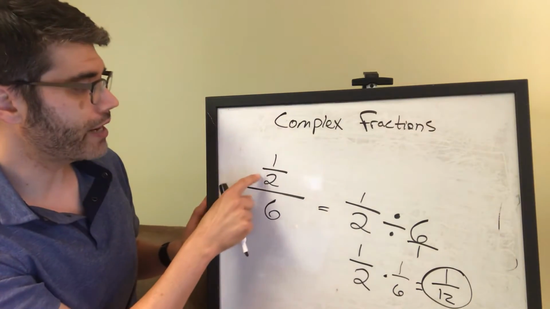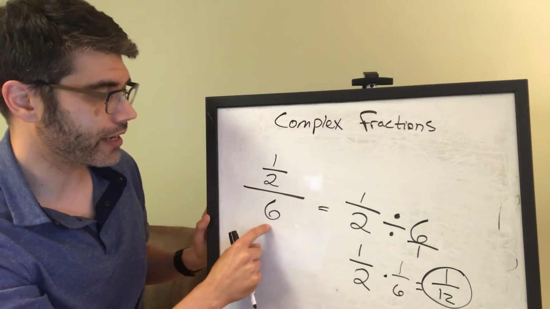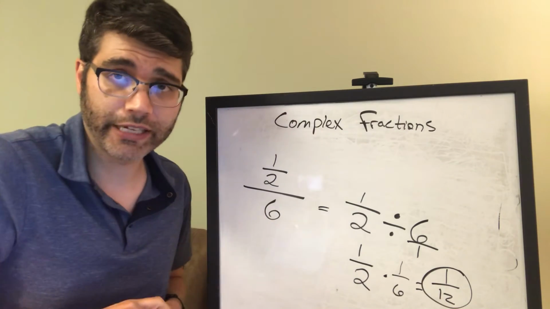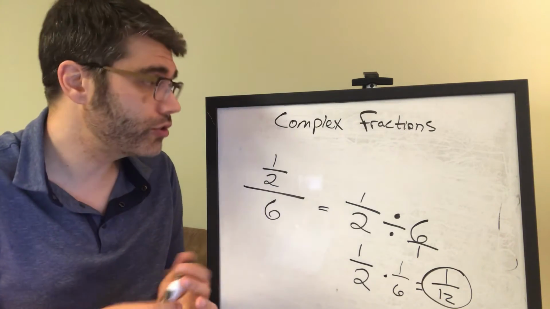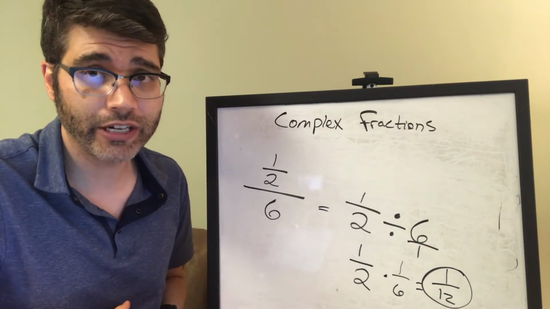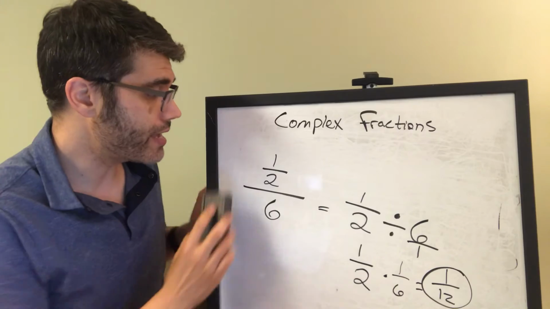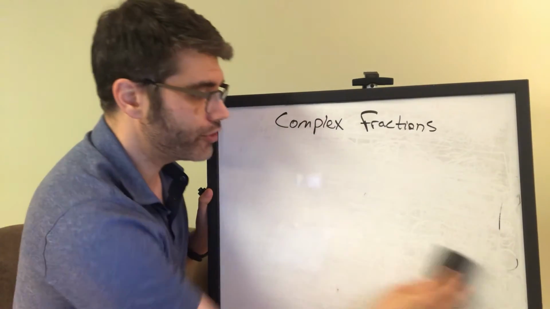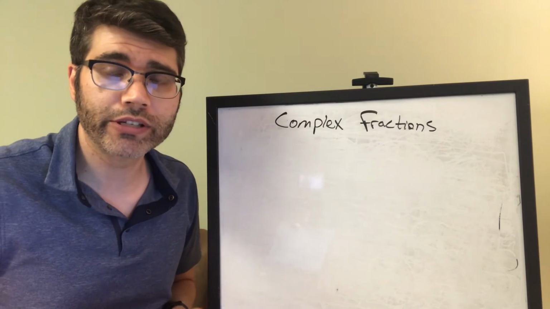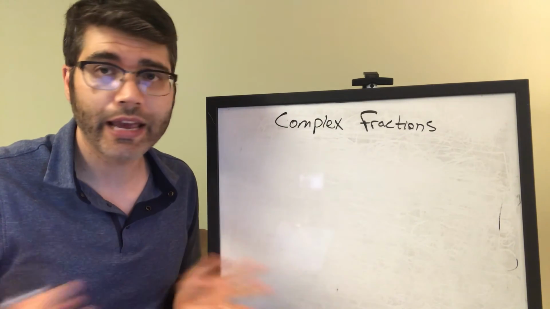So that means that 1/2 over 6 is equal to 1/12. This is a perfectly good final answer. So remember to change complex fractions, whenever you have a complex fraction, into either a simplified improper fraction or a simplified regular fraction, and then you're good to go.